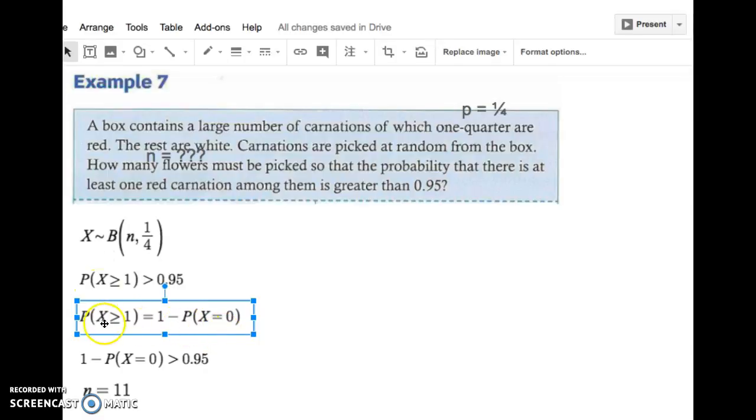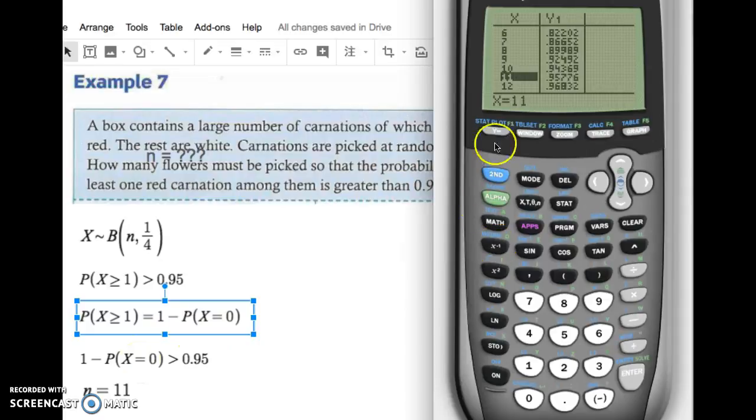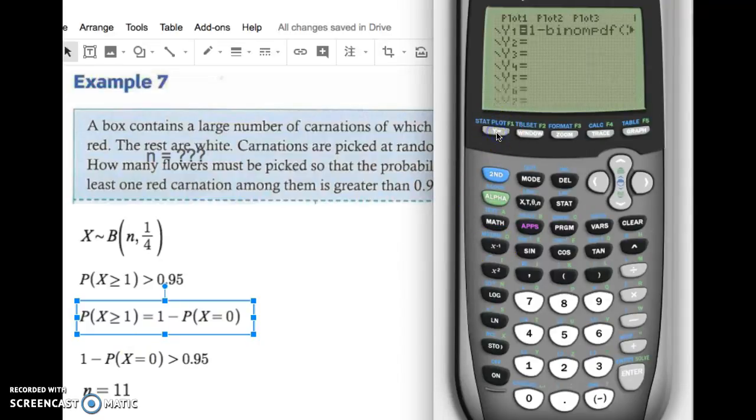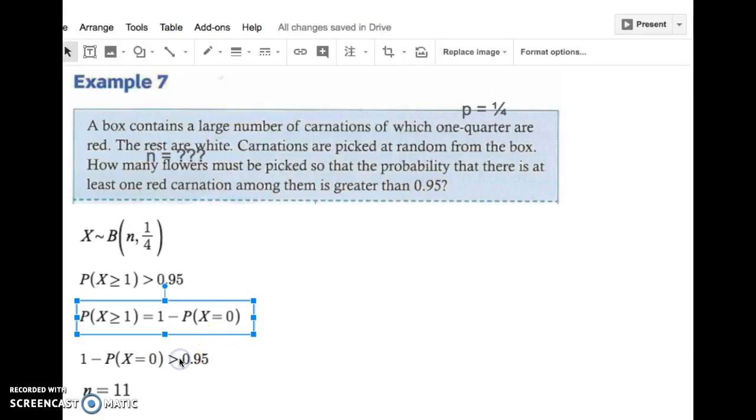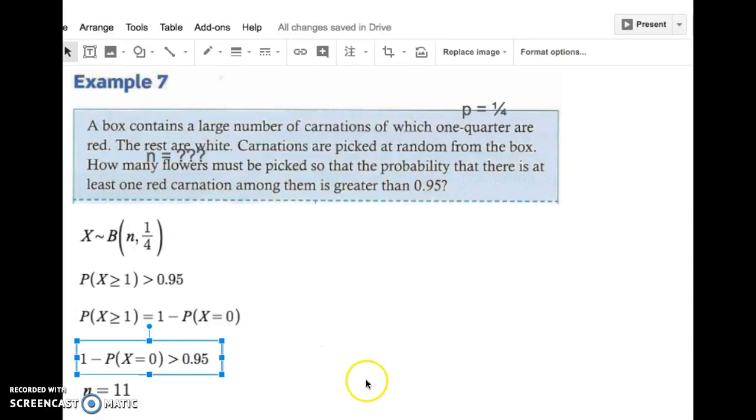I can represent P of x greater than or equal to 1 using 1 minus P of x equals 0, and this P of x equals 0 is my Bino PDF. So I go to my calculator and type that expression in. What I have here for y1 is a GDC version of this expression.